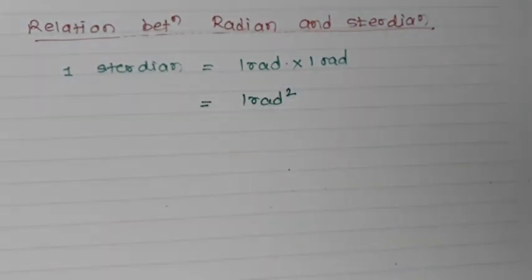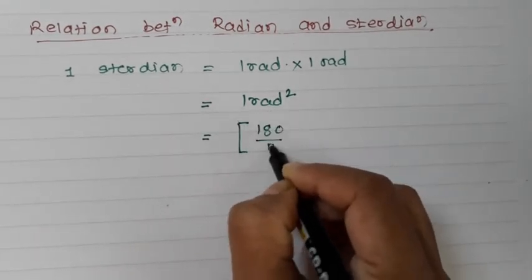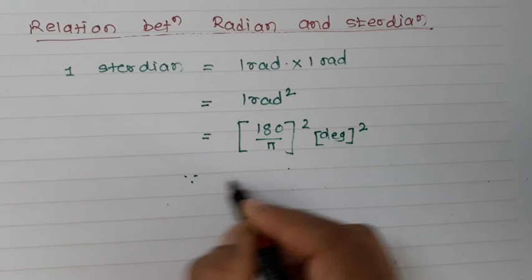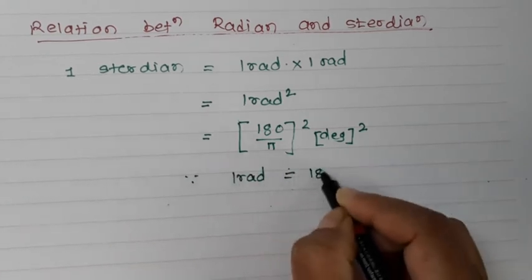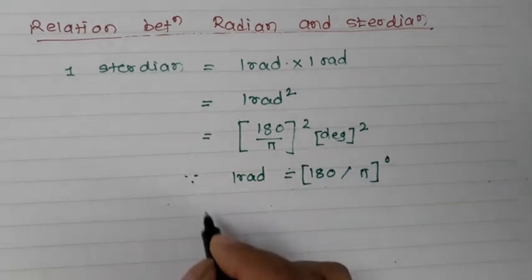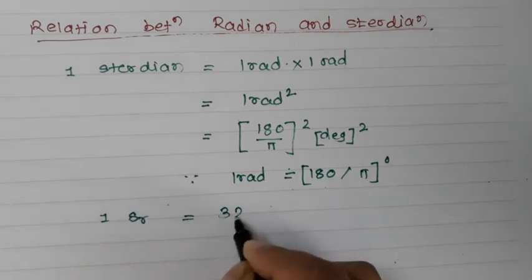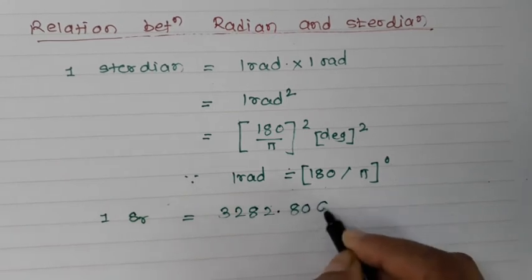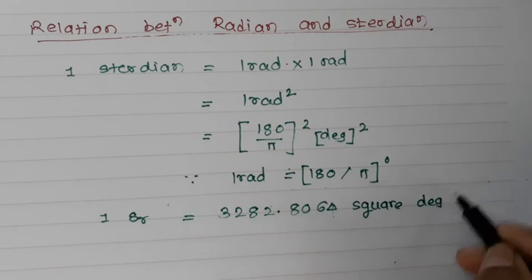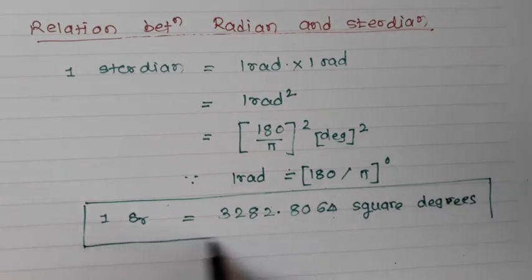Further elaborating, this is (180 by pi) square degree square, since 1 radian is equal to 180 by pi degrees. If you calculate all these things, 1 steradian is equal to 3282.8064 square degrees.